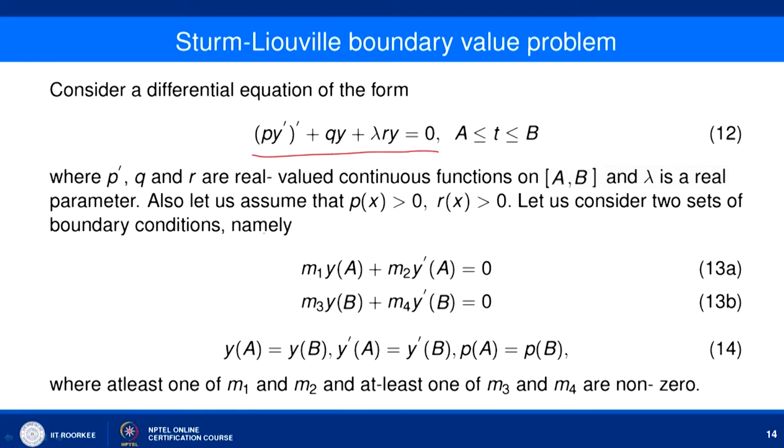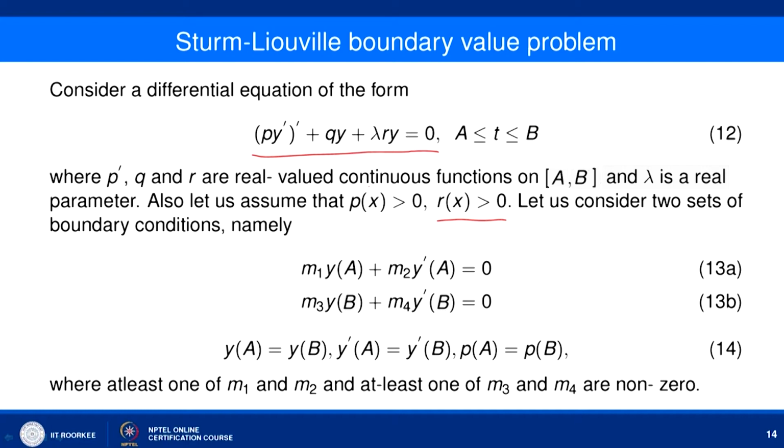Also let us assume that p(x) is never 0 in this interval. Without loss of generality, let us assume that p(x) is greater than 0, and also we assume that the coefficient of the y function, r(x), is greater than 0. This is known as the Sturm-Liouville equation.